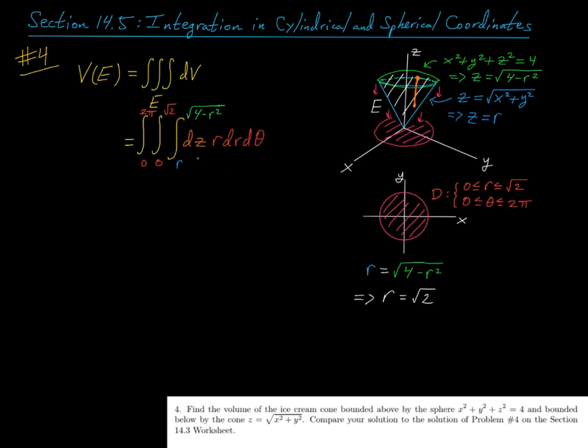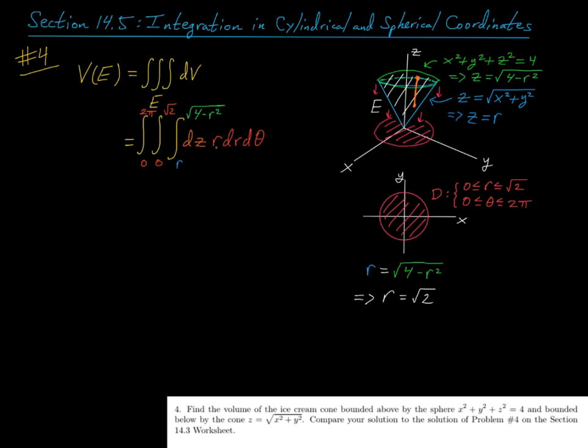So those give us our bounds on r and theta, and of course, our differential area element down here in the xy plane when working with polar coordinates is r dr d theta. Put another way, dz r dr d theta all together makes up the differential volume element in cylindrical coordinates. Well now let's compute the z integral.